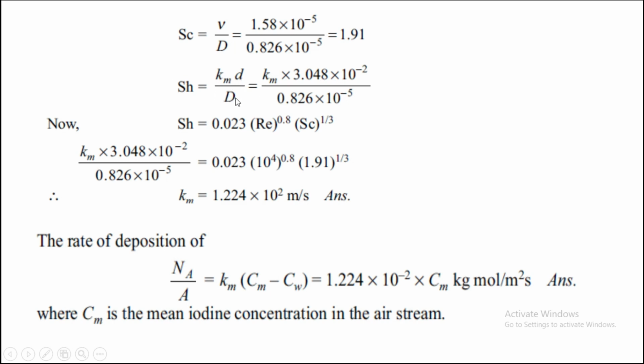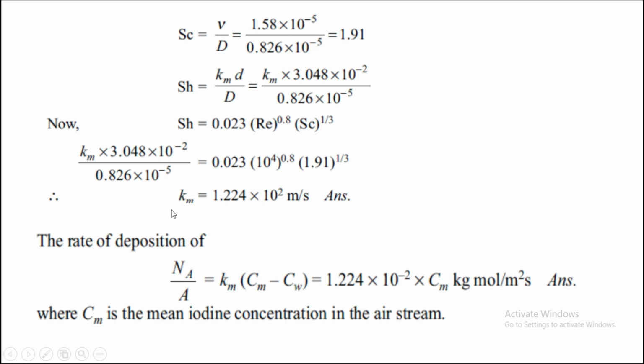Now equate this term to the convective mass transfer correlation for flow through a tube. If you equate these two equations, you will find the value of the convective mass transfer coefficient when the iodinized air flows in the pipe.